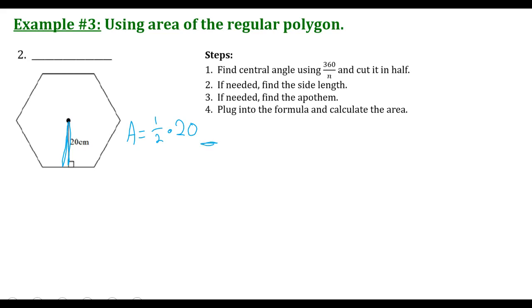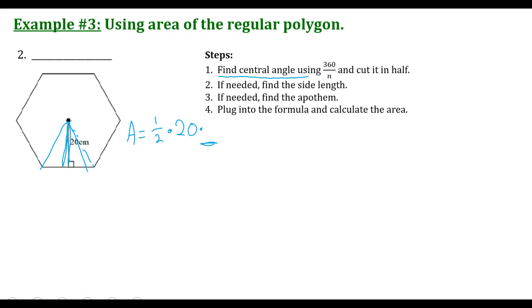So we're going to have to use that same idea. Make your right triangle. We have the whole thing. Let's use the steps: find the central angle using 360 divided by n.